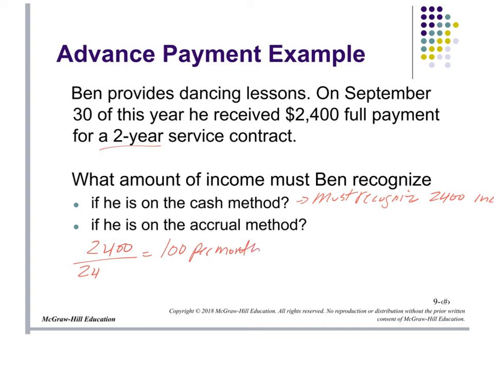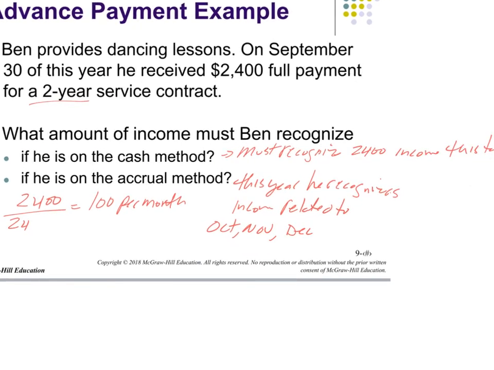All right, and so this year, he recognizes income related to October, November, and December. So that's 3 months, so that equals $300.